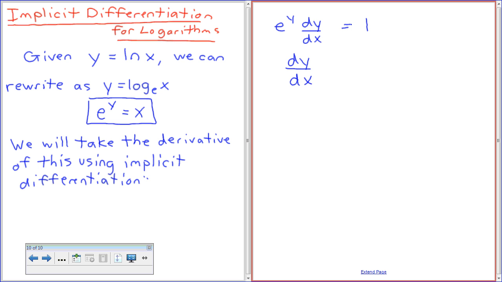Now this is the magic step. e to the negative y becomes 1 over e to the y. Now, what is e to the y equal to? Cool.